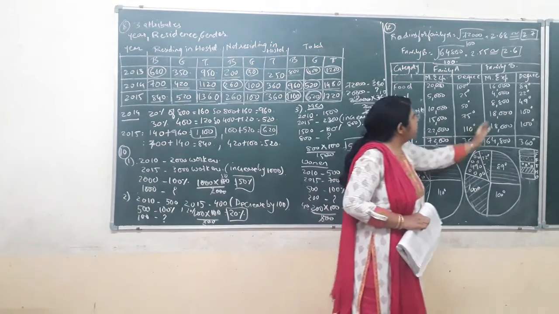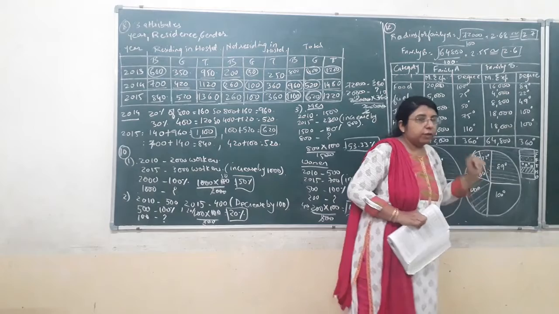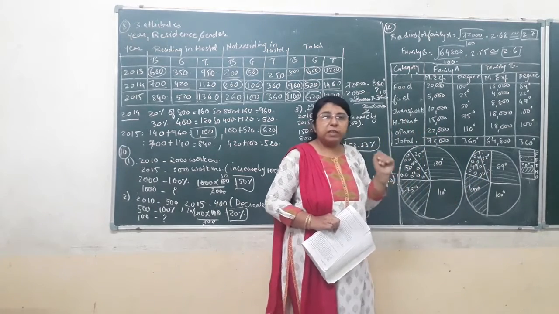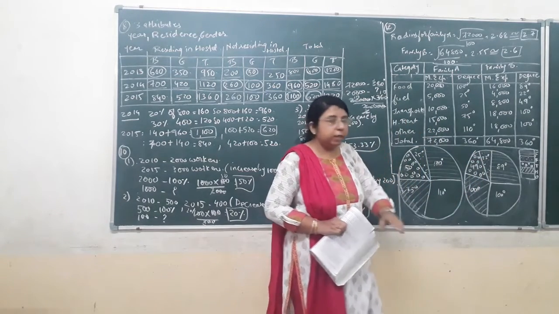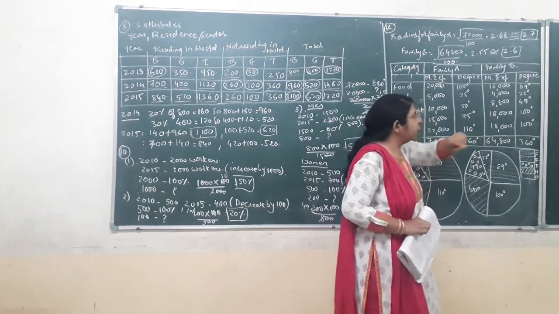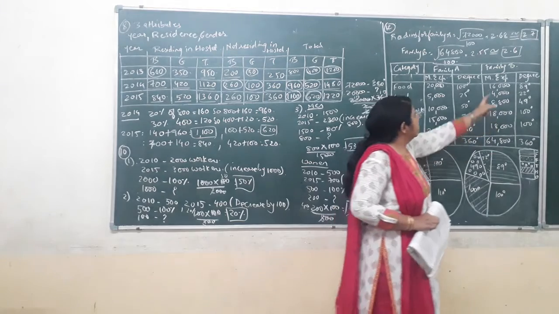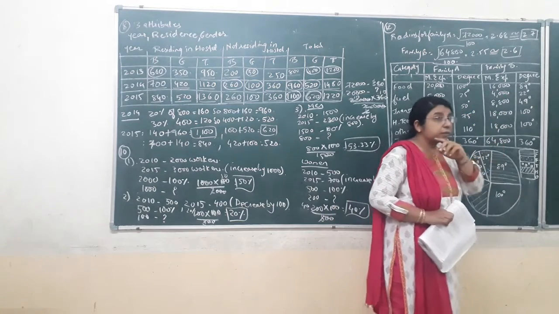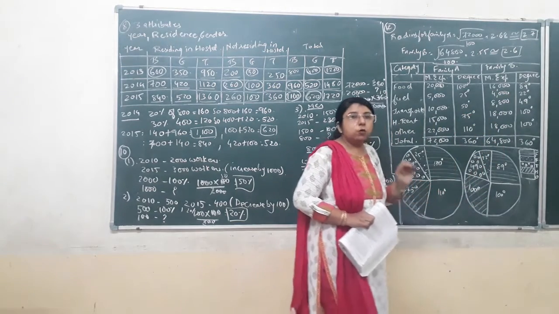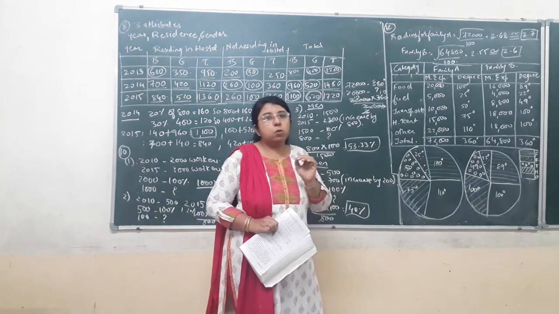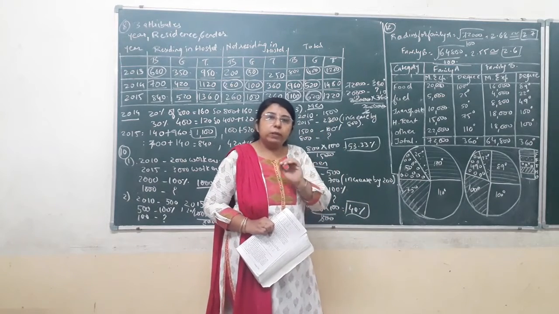In the same way we have found the degrees. We have converted the expenses given in rupees into degrees for family B also. This column has already been given to you in the question. Here the total expense is 64,800. So if the total expense is 64,800, then the degree would be 360 degree.